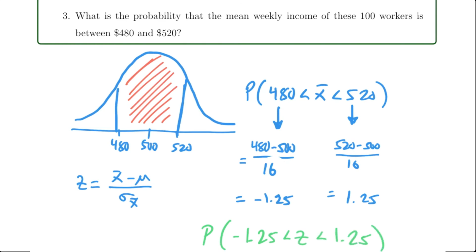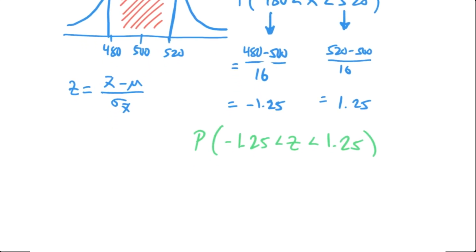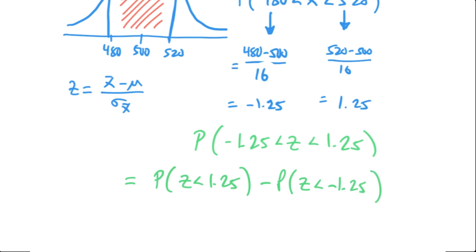Now we have a formula that lets us calculate this. You take the probability of being less than 1.25, so always take the right bound, minus the probability that you're less than the left bound. Now let's look up both of these z-values.